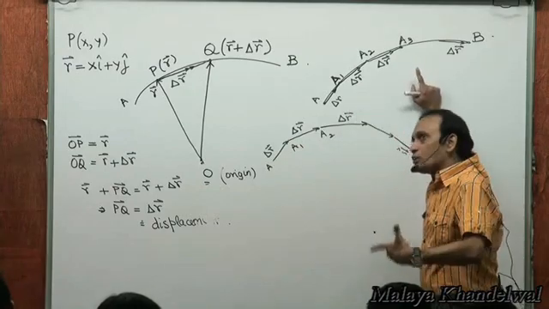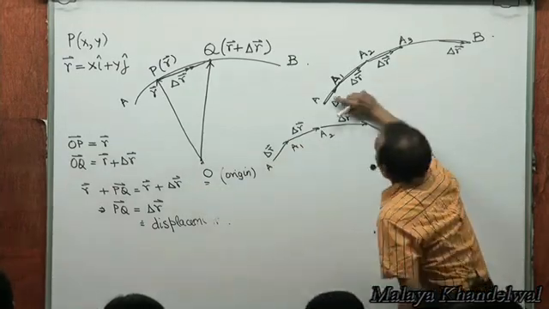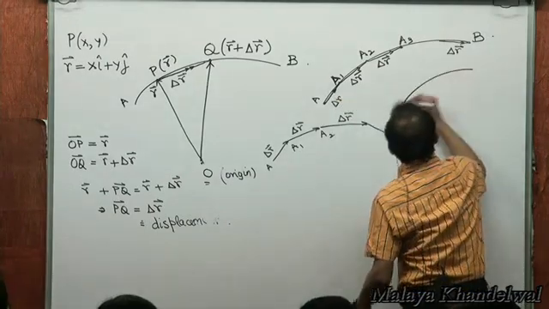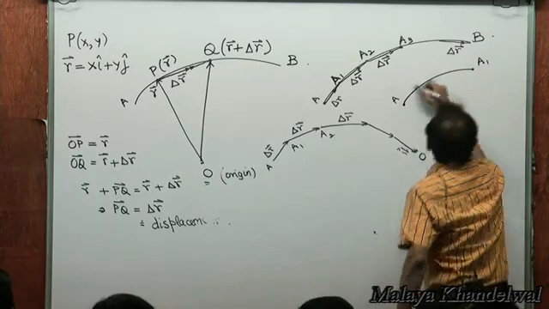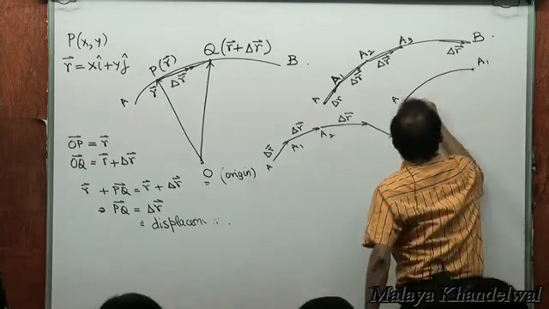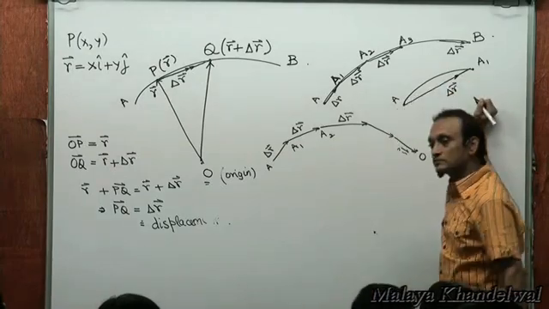In the process, what I compromise is, well, I'm ignoring the presence of all points between A and A1, for example. This is A on the curve, this is A1 on the curve. Essentially, this part of the curve is being replaced by this vector delta r. This is what I'm doing.